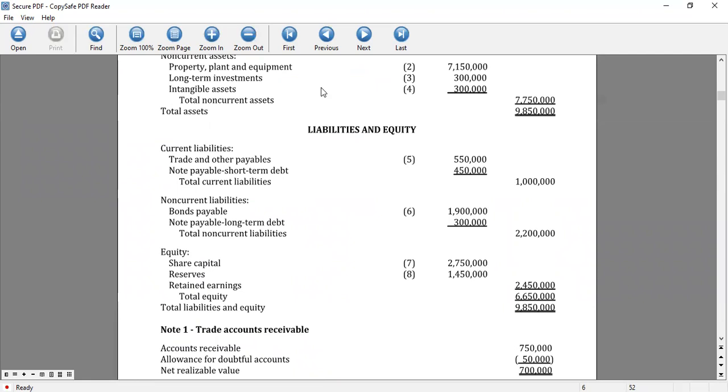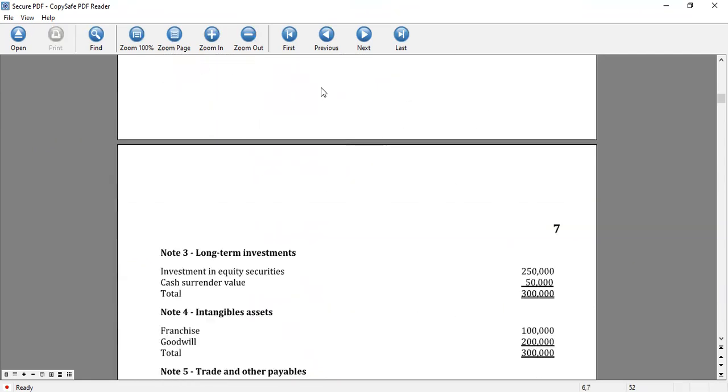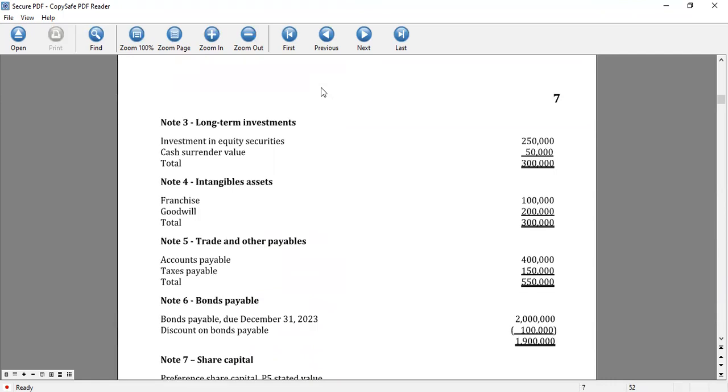We refer to note number 5. Note number 5, for the trade and other payables. Accounts payable 400,000 and taxes payable 150,000. So accounts payable as given of 400,000. Notes payable, short-term debt 450,000 and long-term of 300,000.